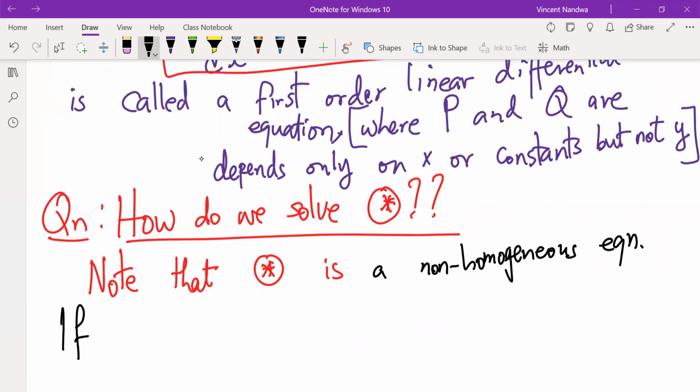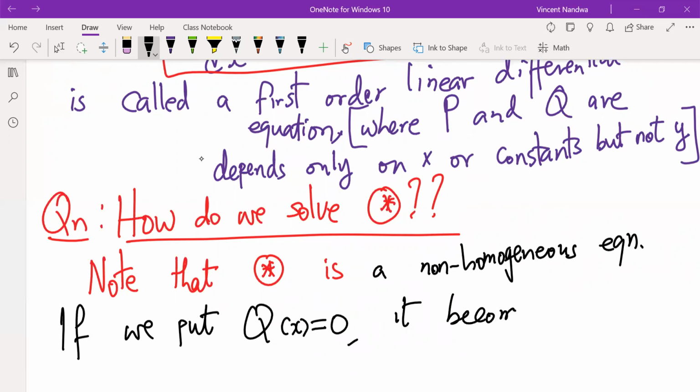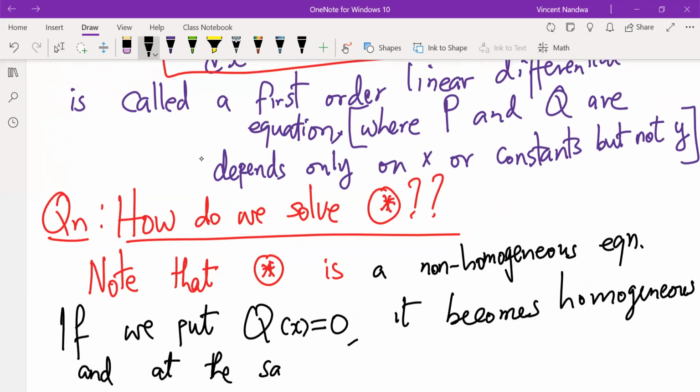But if we put q of x to be 0, it becomes homogeneous and at the same time separable.